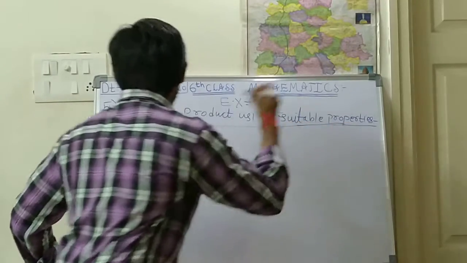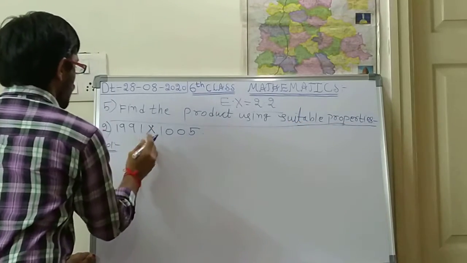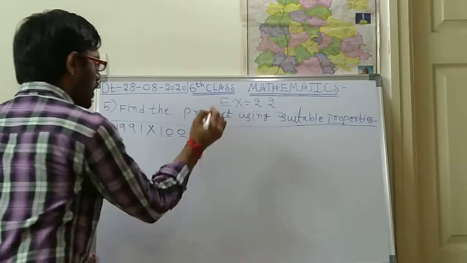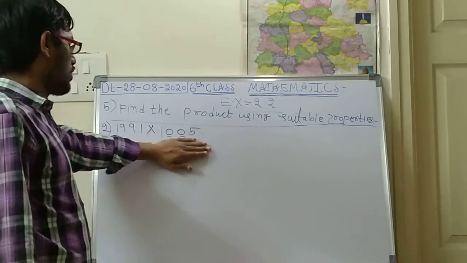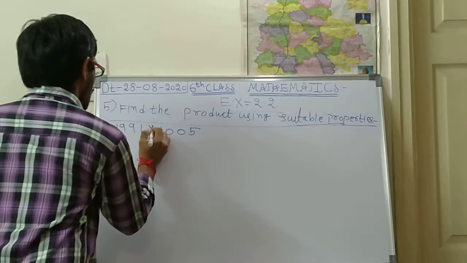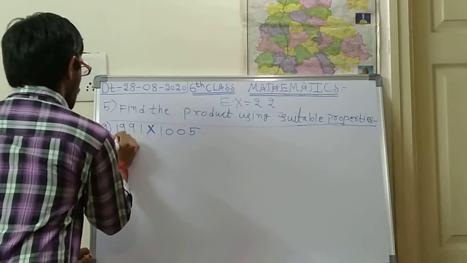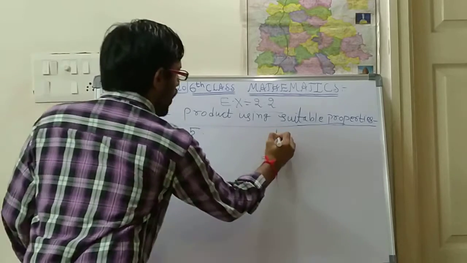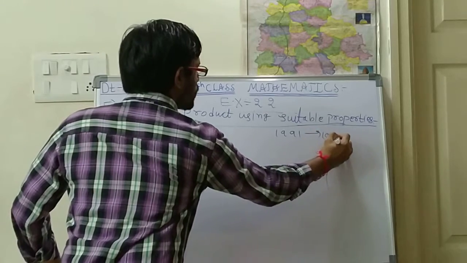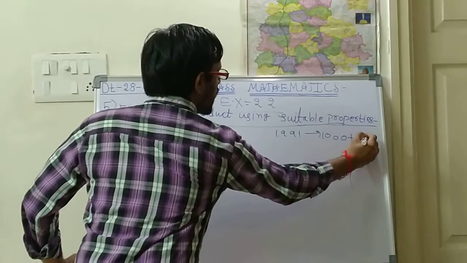Okay, so here see children. 1991 and 1005 is there. So here in this number there are two zeros. First we shall say 1991. 1991 means can I write like this? 1000 plus 991.